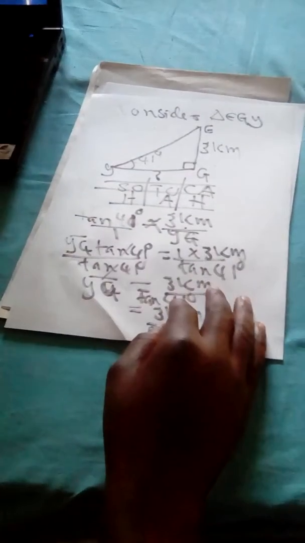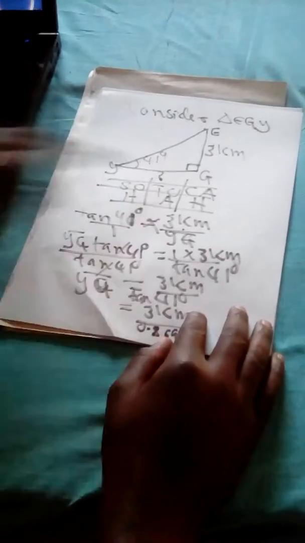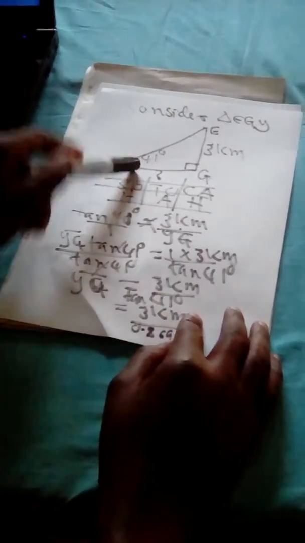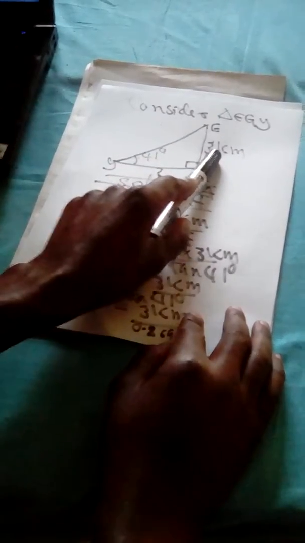A sketch diagram of this triangle, which you may call triangle EGY, is this one, whereby this angle here is 41 degrees and this distance is 3 kilometers.